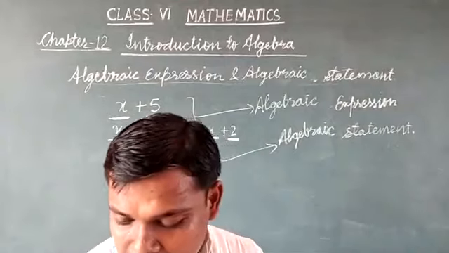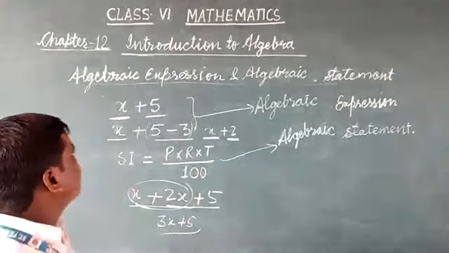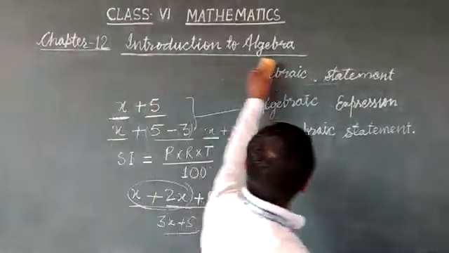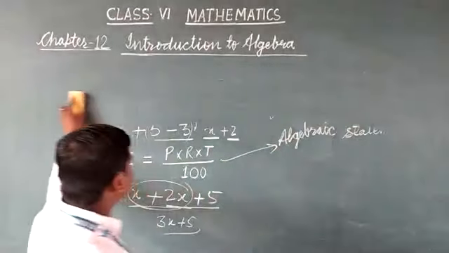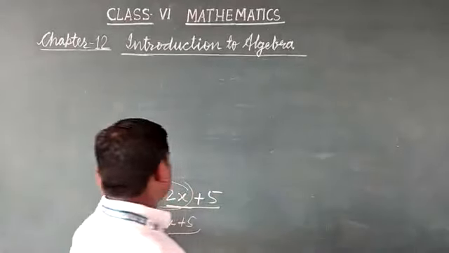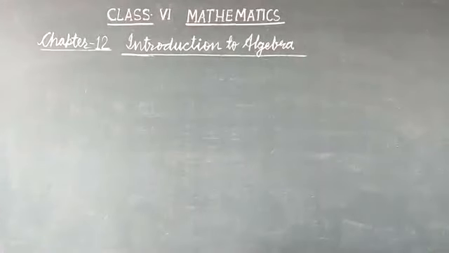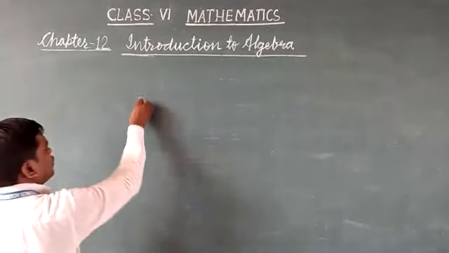Now we will read the next topic, that is power of variables. Our next topic is power of variables. As you have read in the chapter power and indices, there you learned how to multiply.